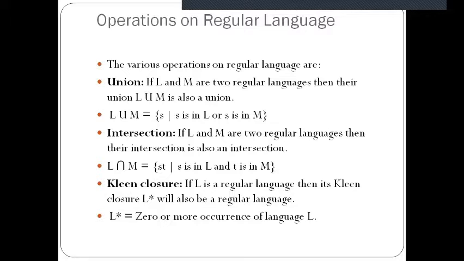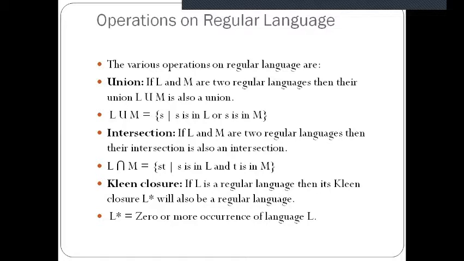Next is intersection. If L and M are two regular languages, then their intersection, L intersection M, is equal to the set of S where S is in L and S is in M. The S value is in the regular language L and also in the regular language M. Then Kleene closure.